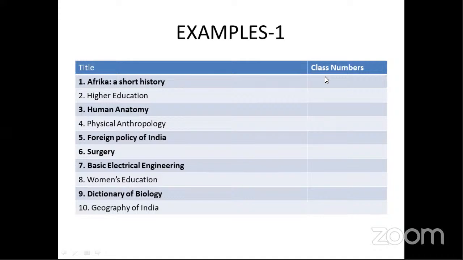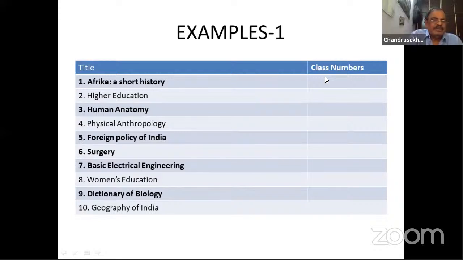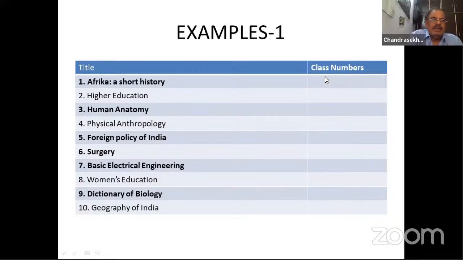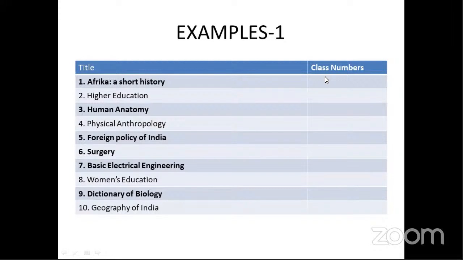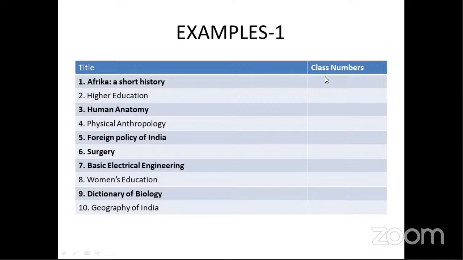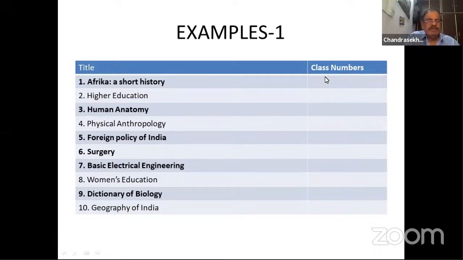Then the second one, higher education. First summary again. 300 is social sciences. Then go to the second summary: 310 statistics, 320 political science, 330 economics, 340 law, 350 public administration, 360 social welfare, social problems and services, 370 education.